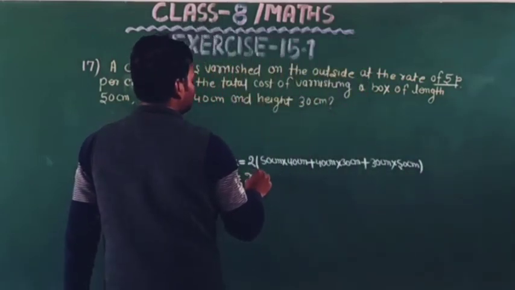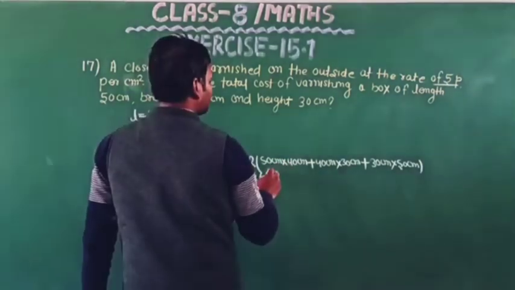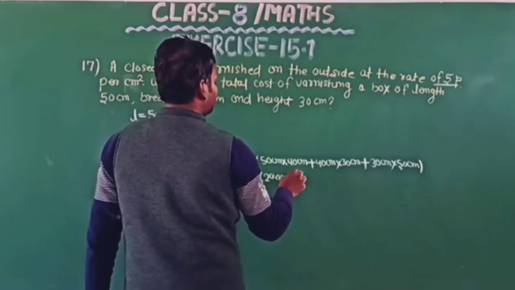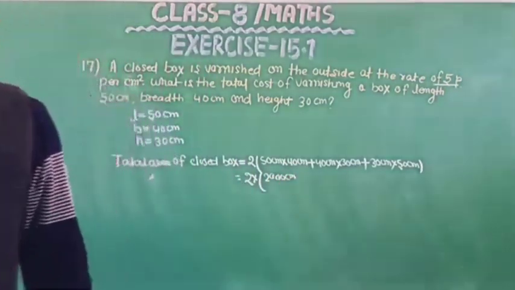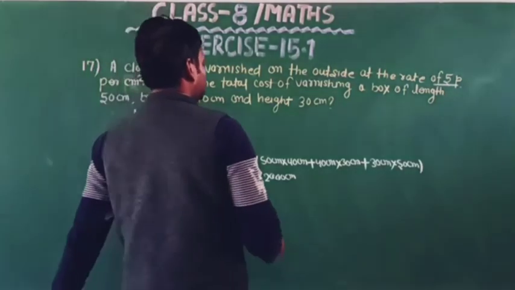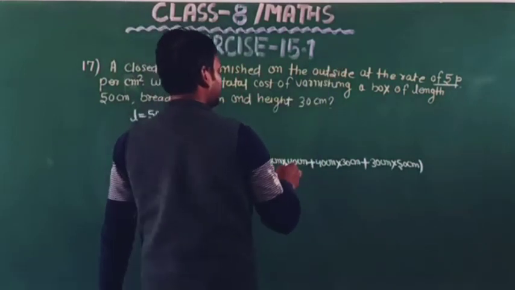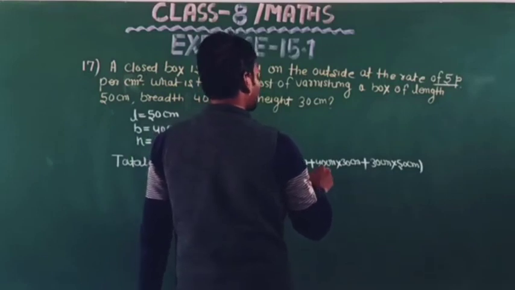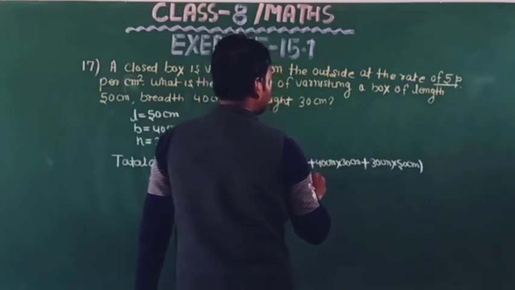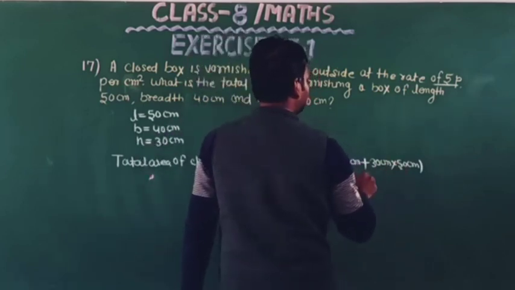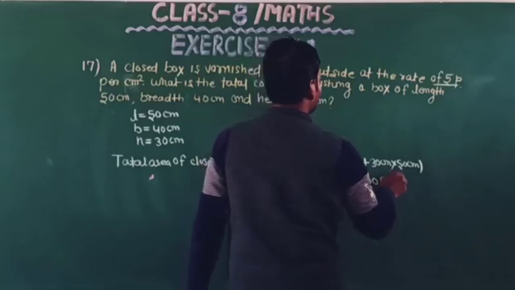So it is 2 into 50 into 40, which is 2000 centimeter square, plus this is 1200 centimeter square, plus 30 into 50, which is 1500 centimeter square.